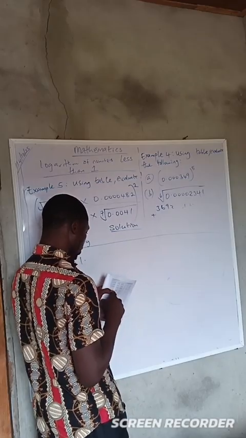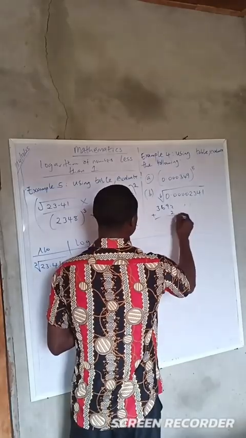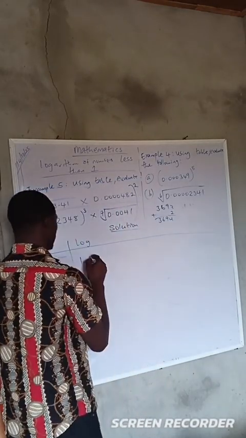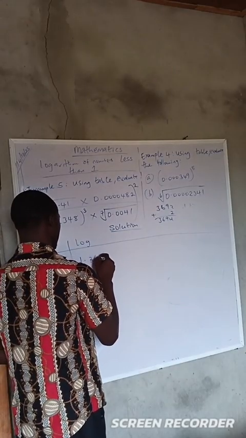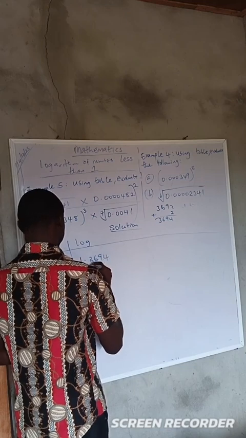Difference 1 is 2. So plus 2, you have 3694, divided by 2.